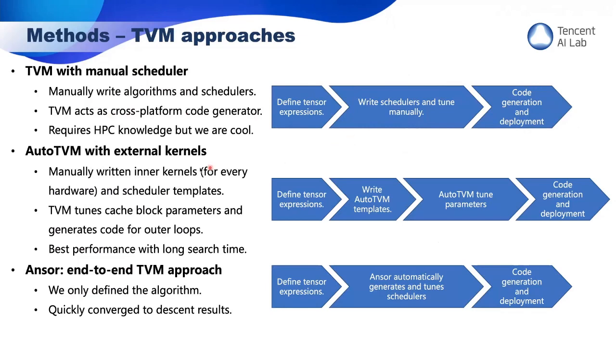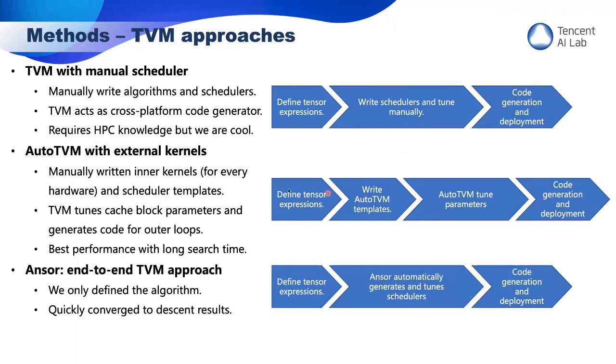The second approach is AutoTVM with external kernels. The so-called external kernels are handwritten, and we have already composed some very efficient inner kernels for every hardware, which covers the desktop CPUs and the mobile CPUs. And we have to compose scheduler templates for AutoTVM to tune.